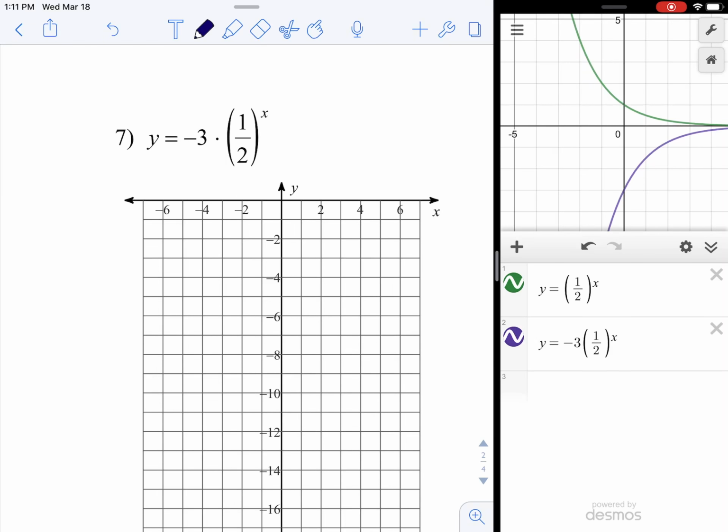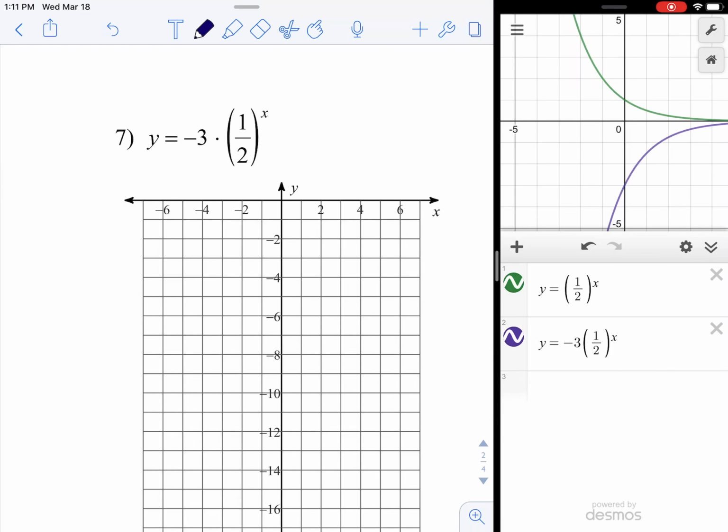The fact that it's negative flipped it upside down, and then the y-intercept 0, 1, if all it did was flip it upside down, the y-intercept would be right about there. But it's not. The y-intercept is at -3 right there. So multiplying by the negative is what flipped it upside down. The 3 is what moved the y-intercept. We still have the same asymptote. Just looks like that.